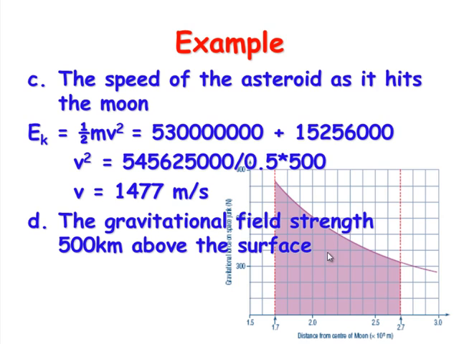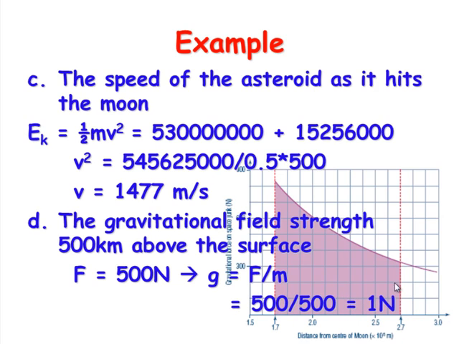If that's a force of 500 newtons, then g equals F over m. Force divided by mass, we've got 500 divided by 500. We've got 1 newton per kilogram, that should read, or 1 meter per second squared.